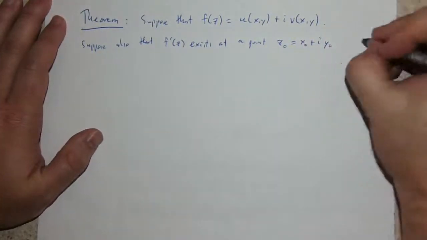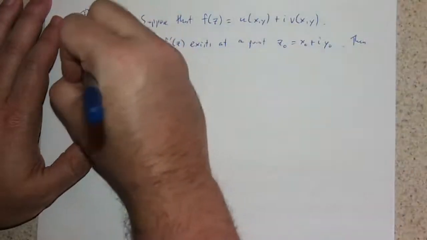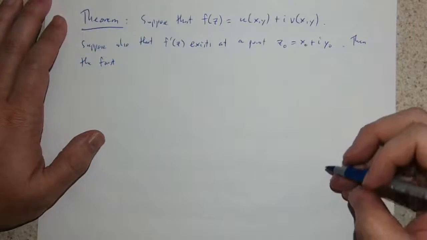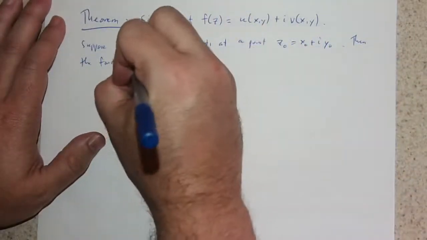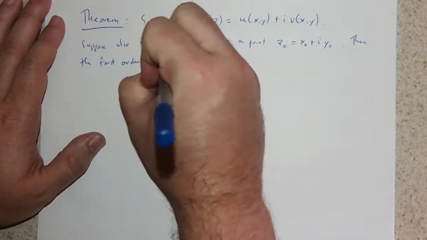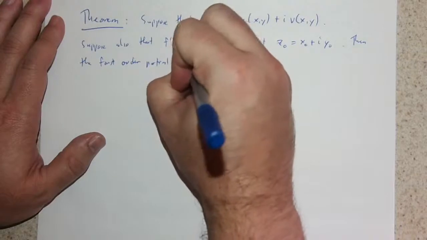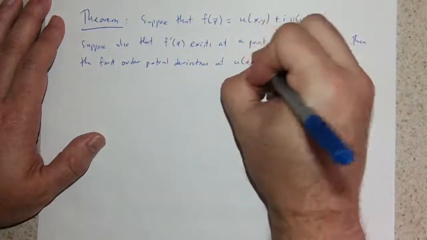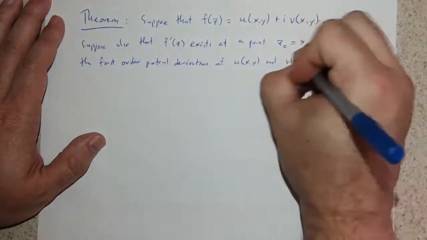Then the first order partial derivatives of u of x y and v of x y must exist.